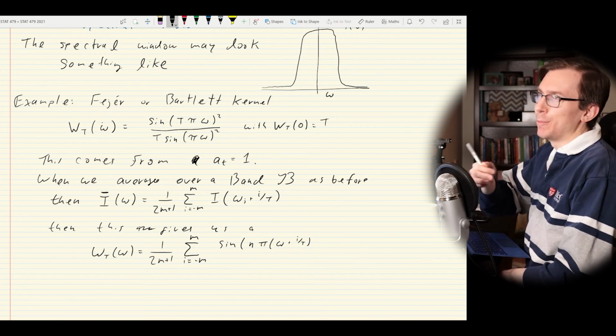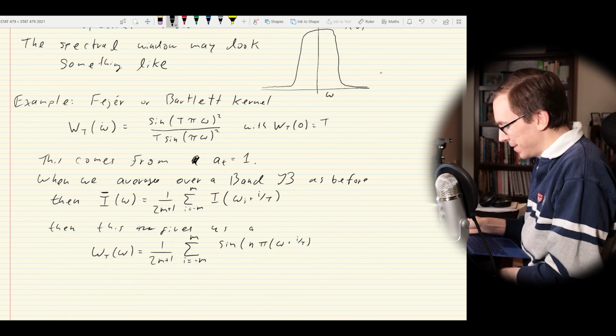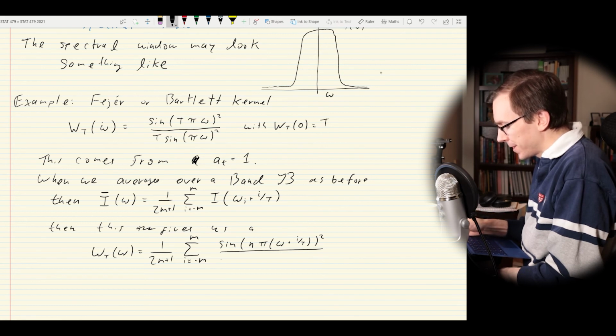So that same kernel, but offset by some phase in terms of the adjacent frequencies that we're averaging over. And then we have pi with no n, because the n is outside the sine now, times i over t, squared.